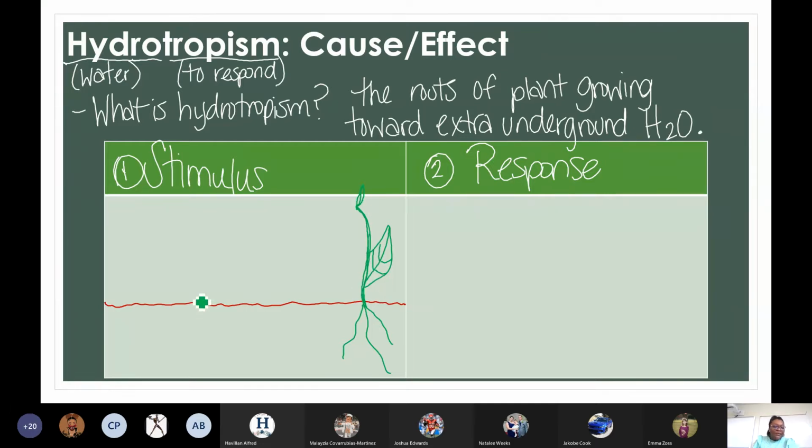Okay, and out of nowhere, there's a really strong rain that happens. And this rain causes a lot of water to begin to gather underground. How will our plant's roots respond?